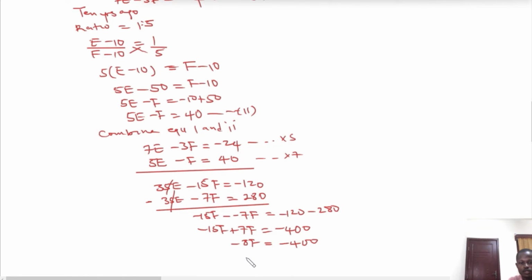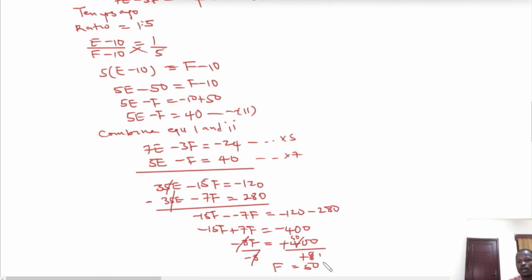So we're going to divide by minus 8 in order for us to get F. Minus 8 divided again by minus 8. So minus 8 cancels minus 8. We're going to be left with F is equal to minus cancels minus. So 8 into 400 is 50.